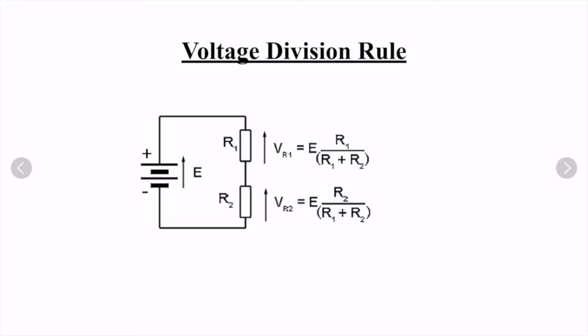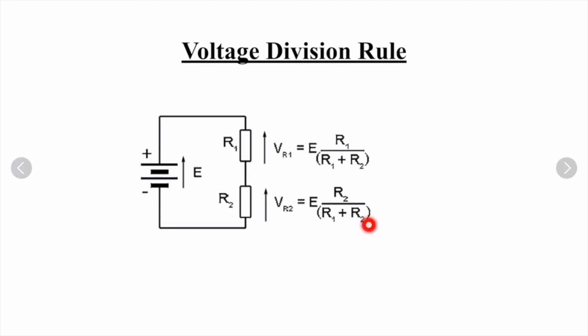Suppose you want to calculate the voltage across R1, so VR1 is equal to the total voltage multiplied by the resistance across which you are calculating the value, that is R1, divided by the addition of the resistances. Similarly, for the voltage across R2, VR2 is equal to E, that is the total voltage, multiplied by R2, divided by the total resistance. So that is the voltage division rule.